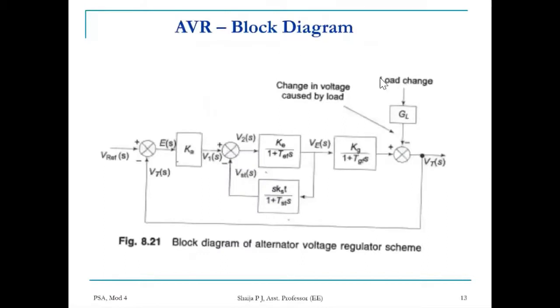So this load change is accommodated here with the help of this block GL. The change in voltage caused by load is being fed in. Okay, this is the transfer function block diagram of the automatic voltage regulator, AVR.